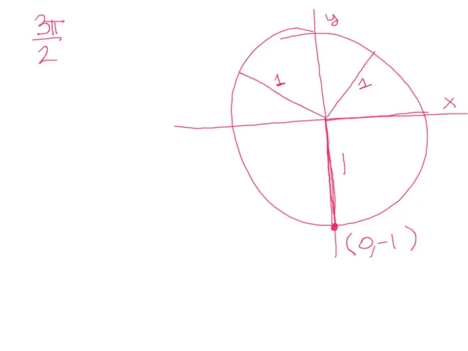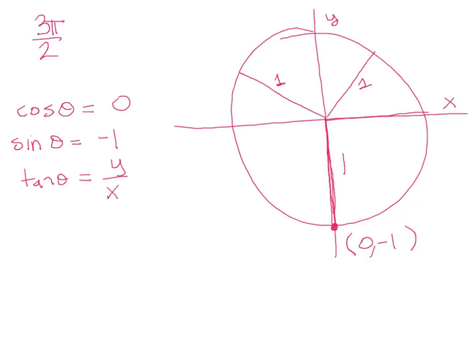All right, so that means our cosine of theta is equal to what? 0. Sine theta is equal to -1. Tangent of theta, which is equal to y over x, is undefined, because you can't divide by 0.